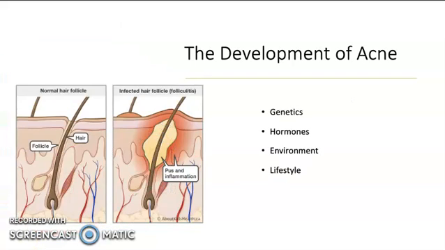The development of acne. On the left picture, this is the normal hair follicle, and on the right, it's an infected hair follicle, which is infected with pus and inflammation. So the development of acne can be influenced by genetics, also hormones.